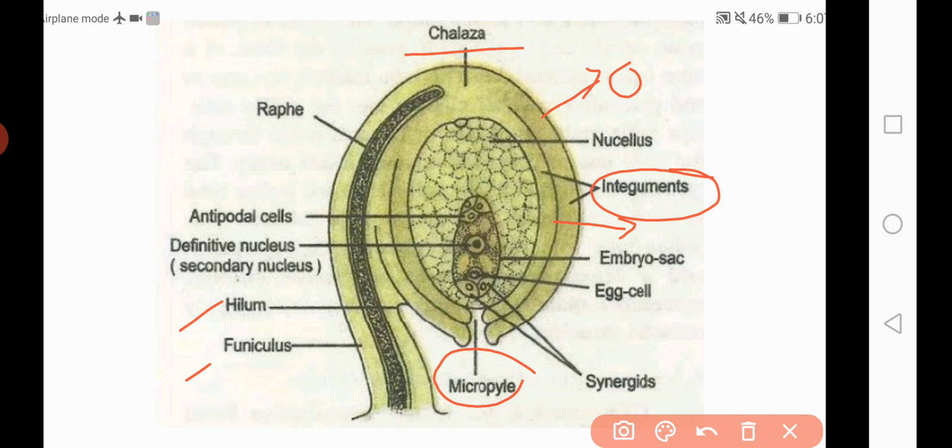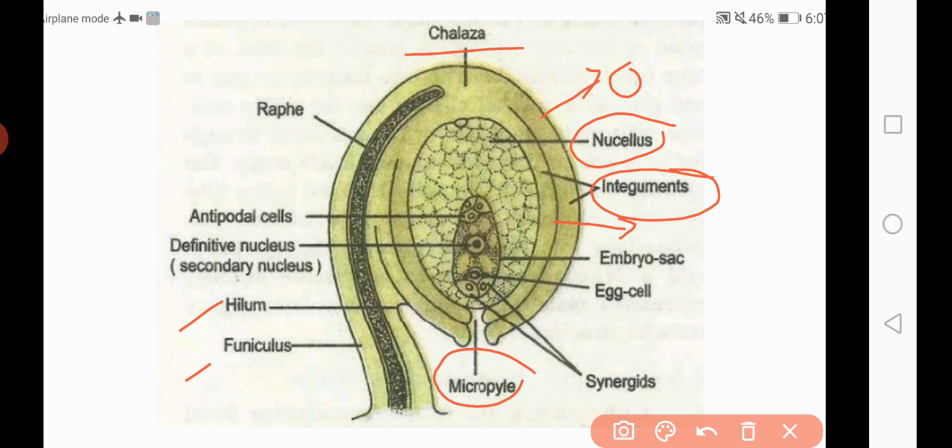Am I clear? Now, next to the integuments, the ovule contains a mass of nutritive cells which is called the nucellus. The nucellus tissue contains a mass of cells, and the function of the nucellus is to provide nourishment to the developing spores.